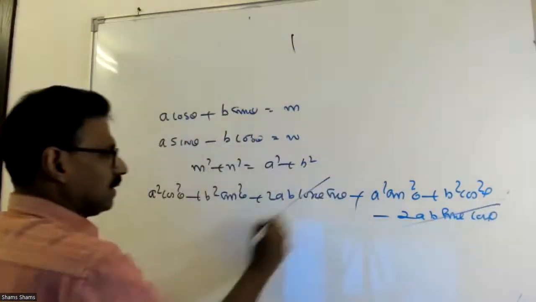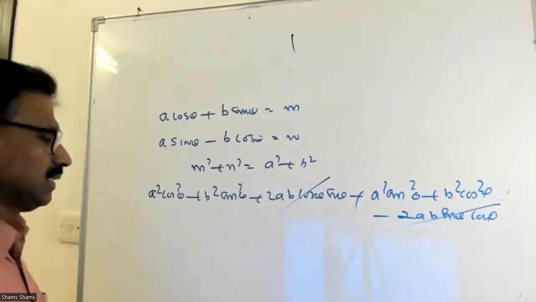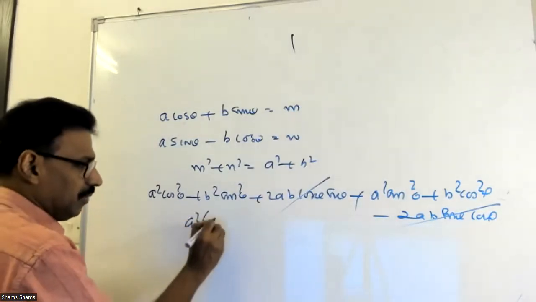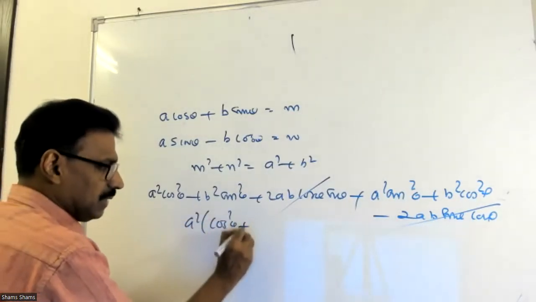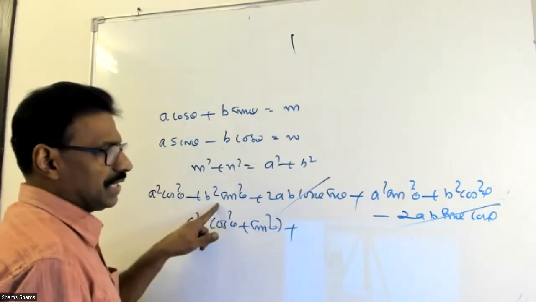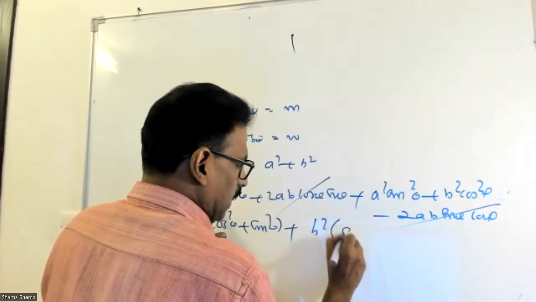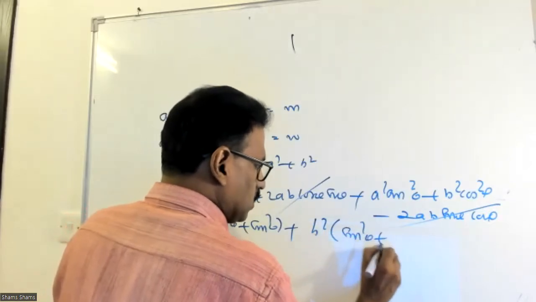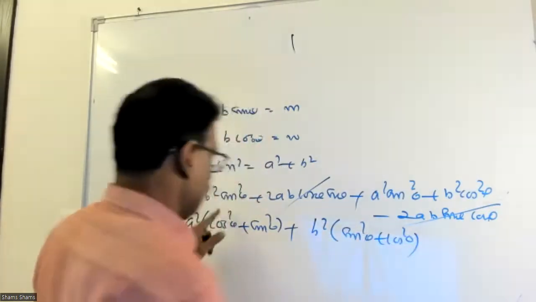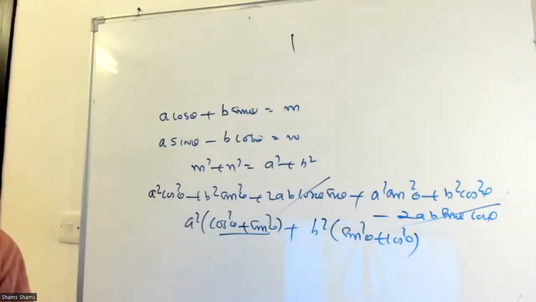Okay, this is cancelled. Then A square cos square theta, A square sin square theta, that is A square into cos square theta plus sin square theta, plus B square sin square theta, B square cos square theta, B square into sin square theta plus cos square theta. Okay, what is that? This is 1, this is 1. So A square plus B square.